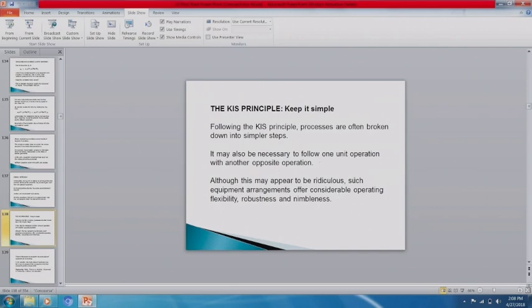This may appear to be ridiculous, but such equipment arrangements offer considerable operating flexibility, robustness, and nimbleness. See, the idea of following one unit operation with exactly the opposite unit operation, i.e., size reduction followed by agglomeration, or agglomeration followed by size reduction, makes sense because it adds versatility to your equipment.